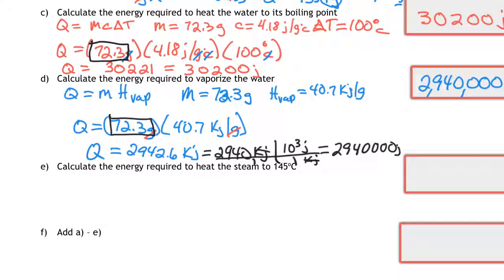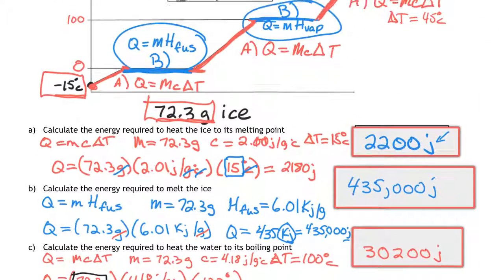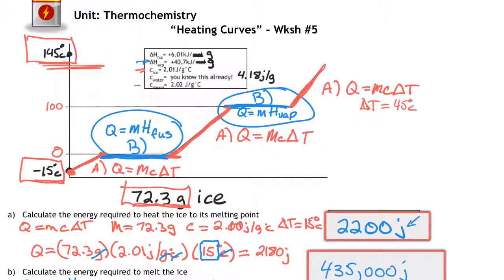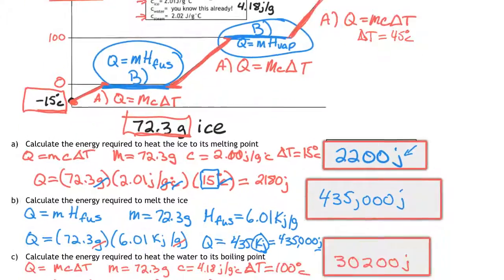So my formula is going to be Q equals mc delta T. My mass is the same. The C I need to get for steam. I go up here, there's steam. So it's 2.02 joules per gram per degree Celsius.